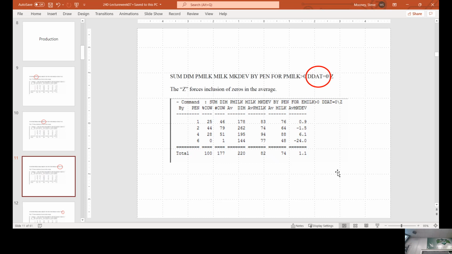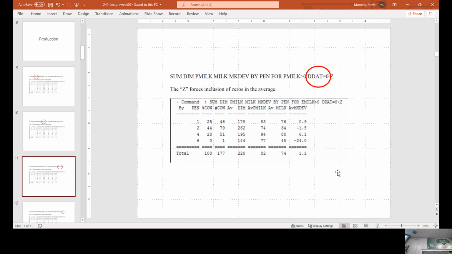If an animal is not producing milk or not recording milk on a particular test day, that needs to be included to make sure that we've accounted for all our animals. And if for whatever reason we don't have a weight on that date. So we're doing this by pen, so pens 1, 2, 4, and 6.